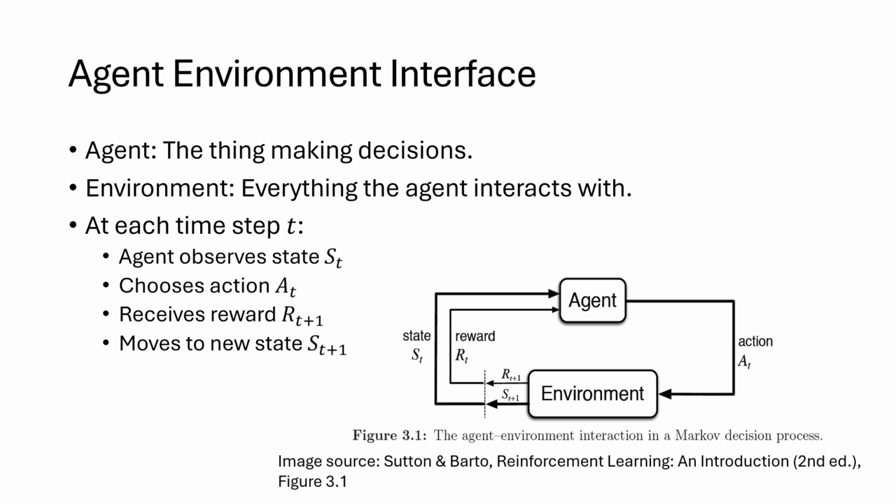Now let us formalize the setup that we have. There are two big components in an RL setting: one is the agent and one is the environment. At every time step t, the agent looks at the environment, picks an action At and performs it by giving it to the environment. The state of the environment changes because of that action and the dynamics of the environment, and it moves to the new state St+1, and the agent gets the reward Rt+1.